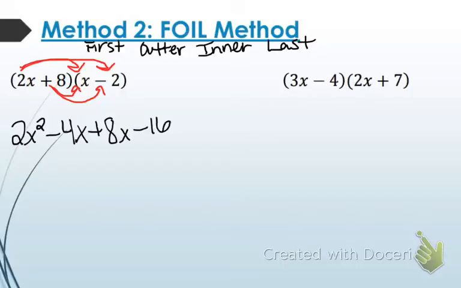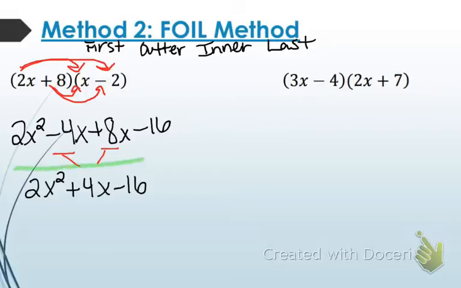Negative 16. So we have just done FOIL. Combine the two like terms. Negative 4 plus 8 is the same thing as 8 minus 4, which is just positive 4. Bring down the minus 16, and that's it. This here is our simplified answer.